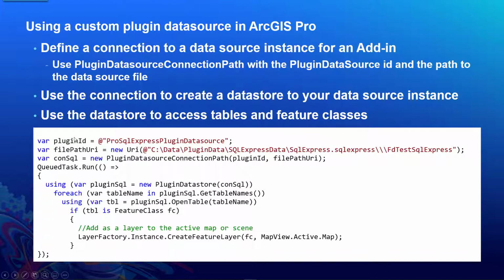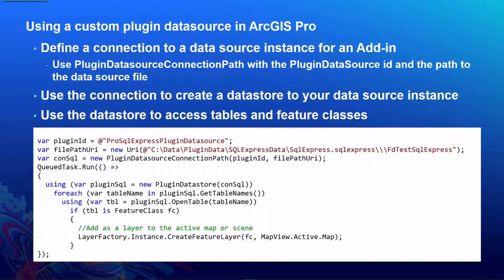So then, using the ID and the file path URI, I can create my plugin data source connection path instance. And I have to do the rest from within QueuedTask.Run. So it's run on the main CIM thread as a background task.